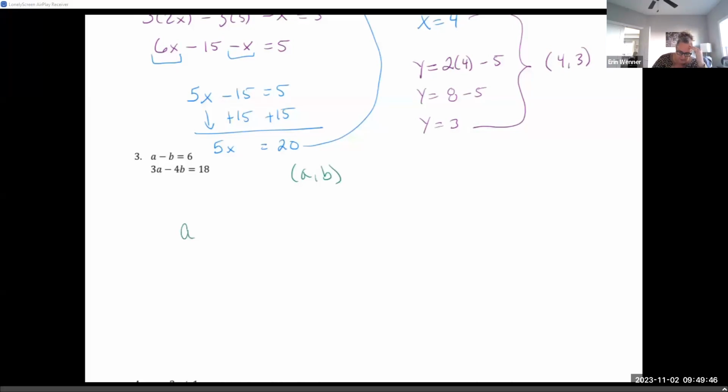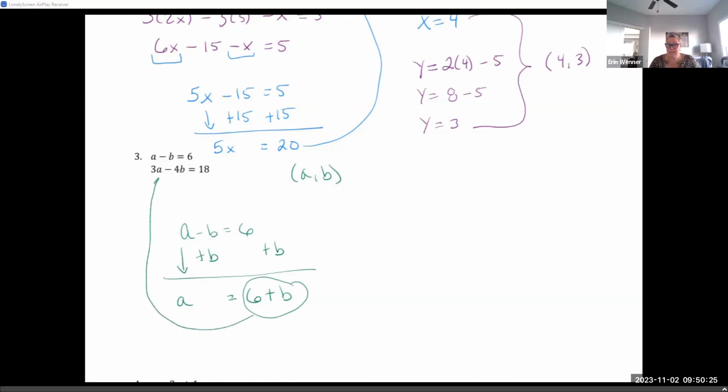So if I have A minus B equals 6, the easiest step is to isolate A here, right? We would just add B. So adding B to both sides, we'll bring that A down, and it's equal to 6 plus B. If you're like, Aaron, I can't have my variable second, you can write B plus 6. That's fine. Doesn't matter to me. So from here, we now need to substitute this 6 plus B or B plus 6, whichever you're more comfortable with, in for A in that second equation, right?